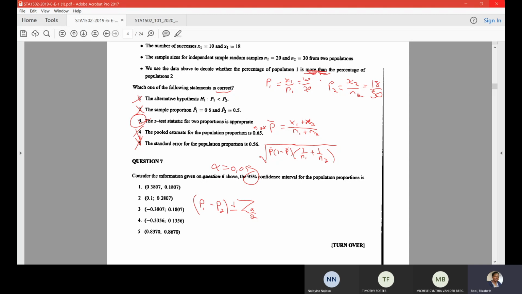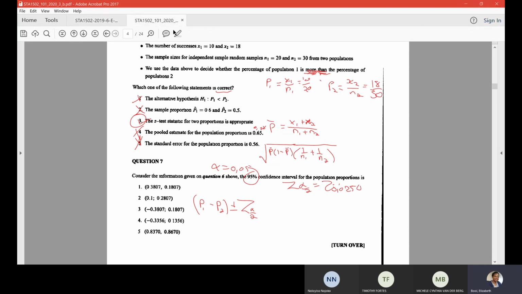Therefore, our critical value, which will be given by Z alpha divided by 2, will be 1.96. You should know this by heart. It's Z of 0.025 when we divide 0.05 by 2.